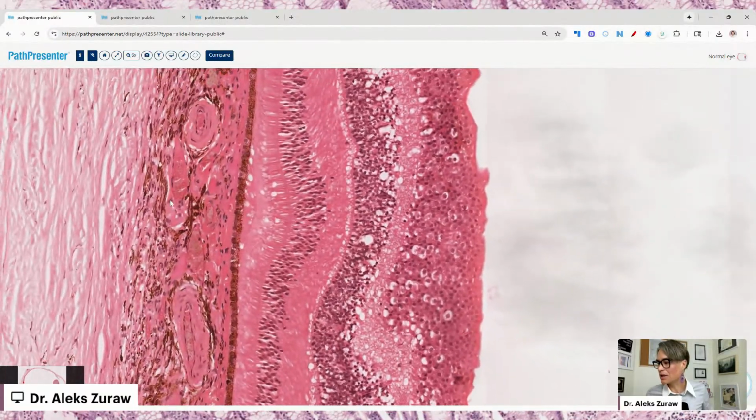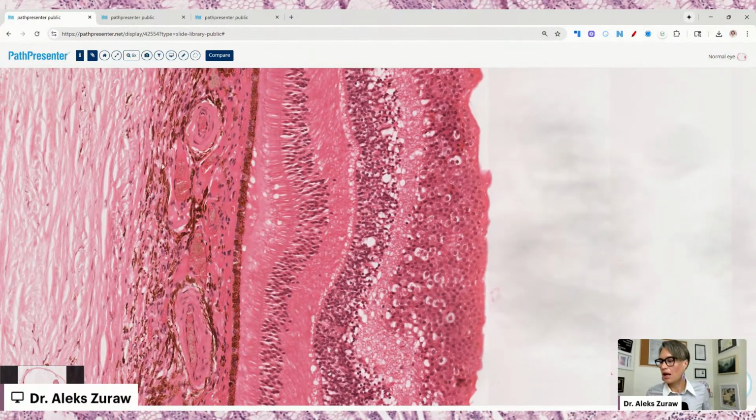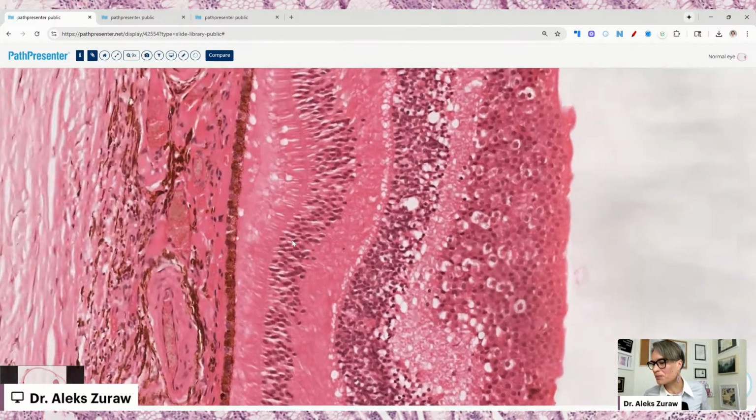And this is where we are going to be counting the layers from. So let's see if I can even count 10. We have the RPE, 1, 2, 3, 4, 5, 6, 7. Okay, I see 7. But there are membranes. Maybe 1, 2, 3, 4, 5, 6, 7, 8, 9, 10. Okay, so these membranes count as well.